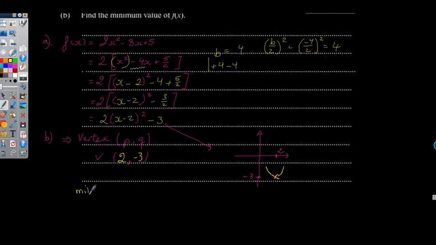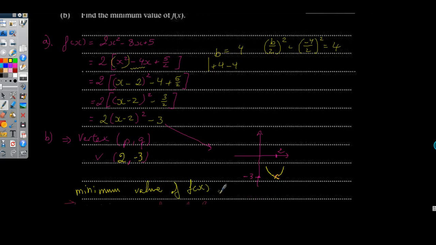The minimum value of f of x is, in this case, -3. Okay, what it means, the parabola never goes down lower than -3.